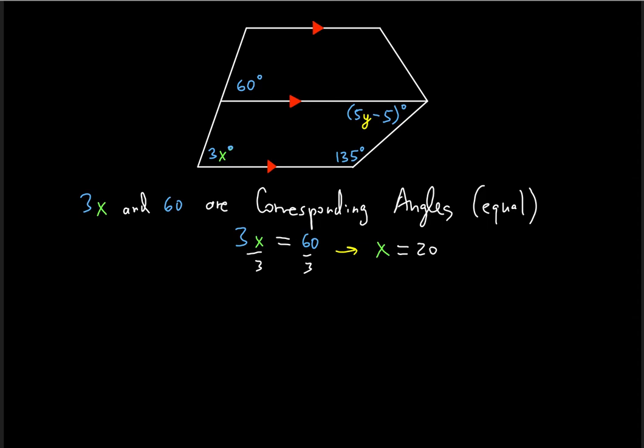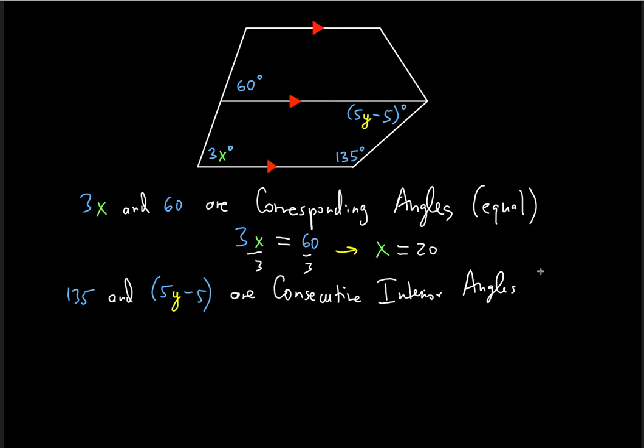So let me just write that down. 135 and 5y minus 5 are consecutive interior angles, and I'm going to say that they're supplementary.